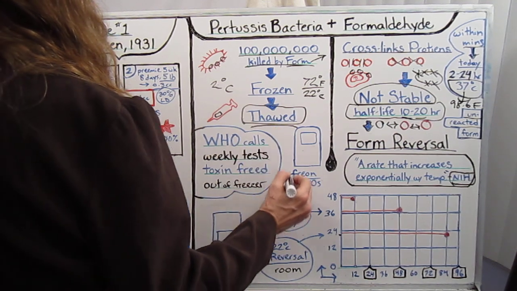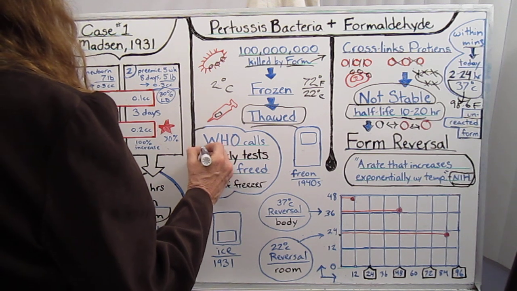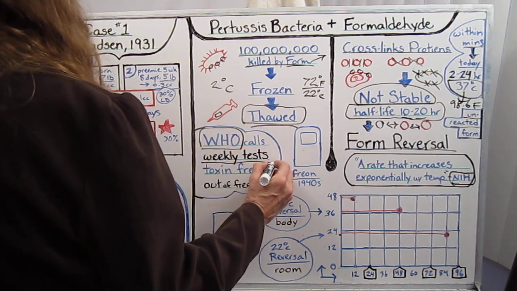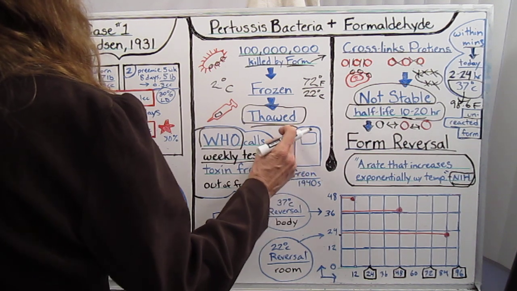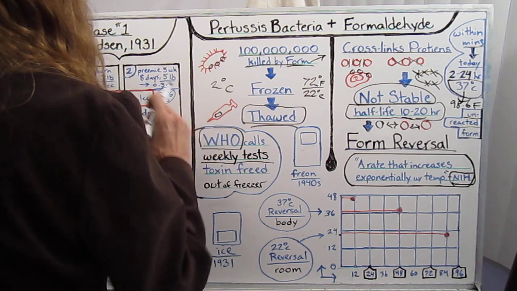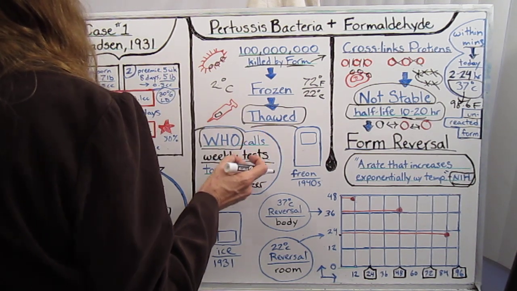Today, since the 40s, we've had Freon and freezers, and WHO, the World Health Organization, calls for weekly tests. Most of the dead, inactivated microbe vaccines are killed by formaldehyde.